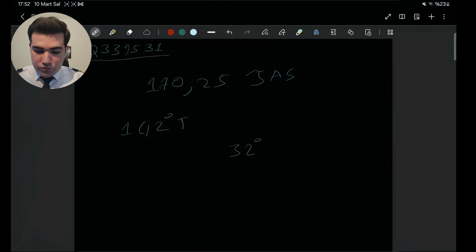Then we take the answer of that and put it in the sine, let's say sine x. What we will do after that is multiply this number by the wind speed. After that, we will do times 60, divided by true airspeed. Sorry for my writing. Yeah, so this is the formula that I use.